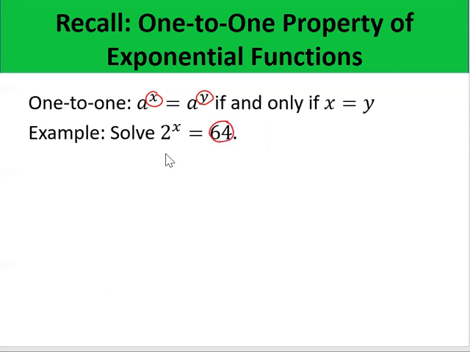Now 64 can be written as 2 raised to 6 because it is the product of 6 copies of 2. Since this equation has the left side and right side having the same base 2, we can simply conclude that the exponent X is equal to the exponent 6. So this is our solution for this particular equation.